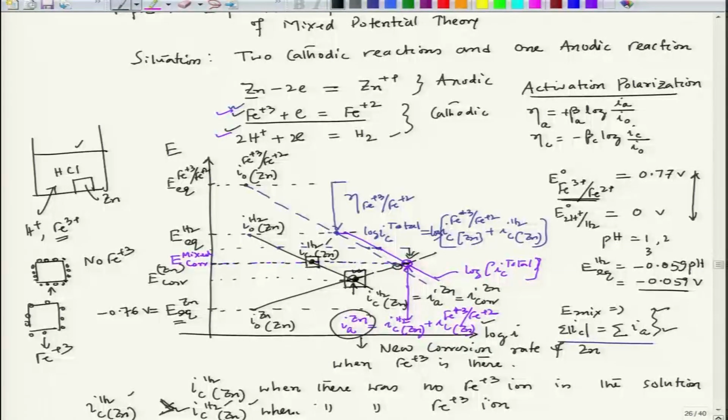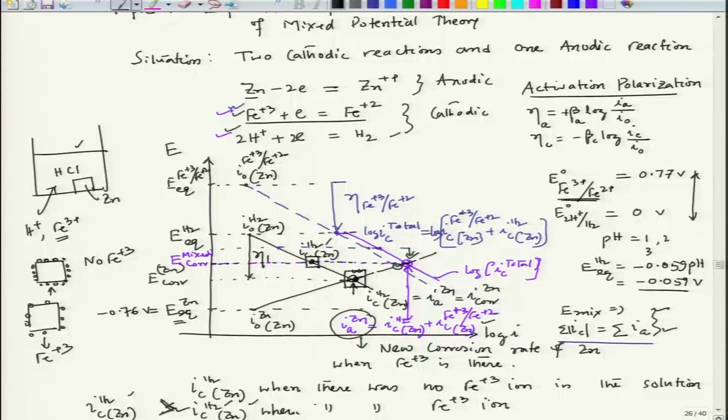Interestingly, when we had no Fe+3, what was the total polarization, the overvoltage for the hydrogen evolution reaction? The total overvoltage was this much, let us say this is η1.